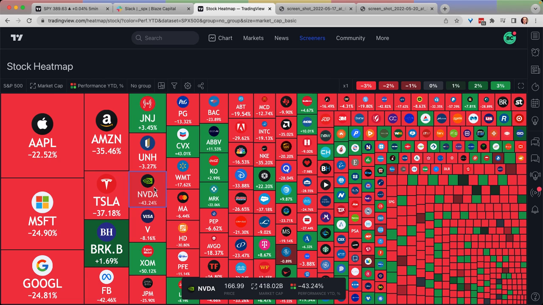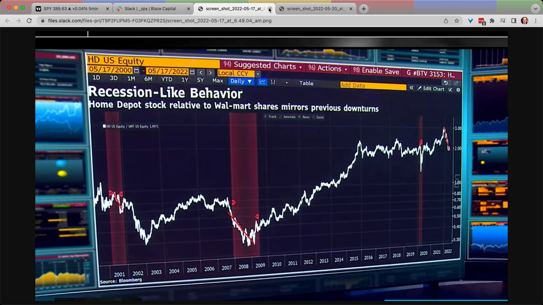So every major company that has a big block is now at least in bear market territory. So this is what we call a stealth bear market, because the underlying holdings of the S&P are actually already in that territory.